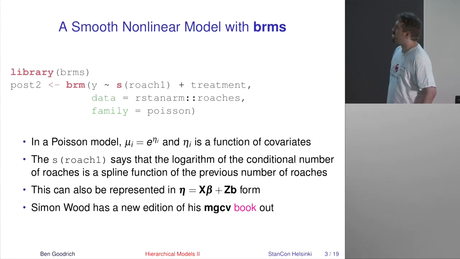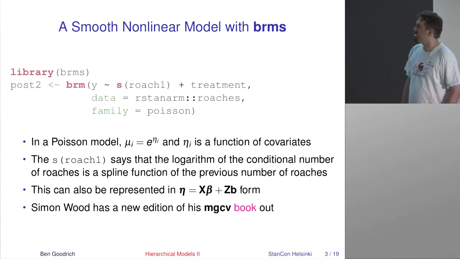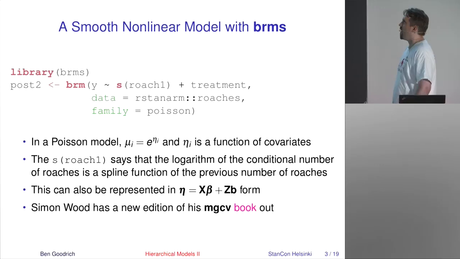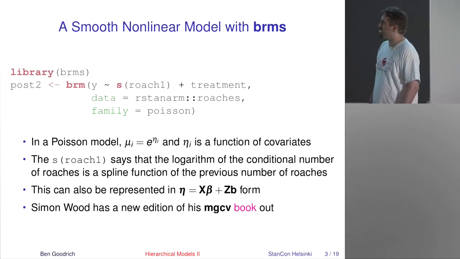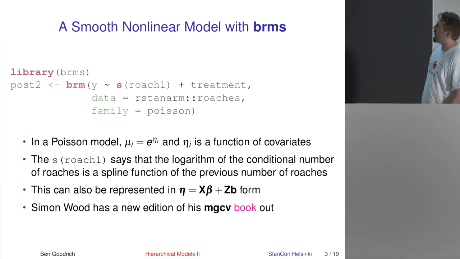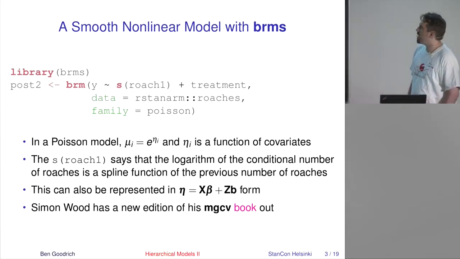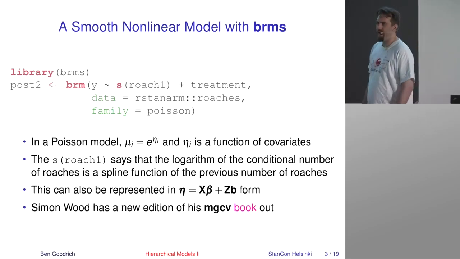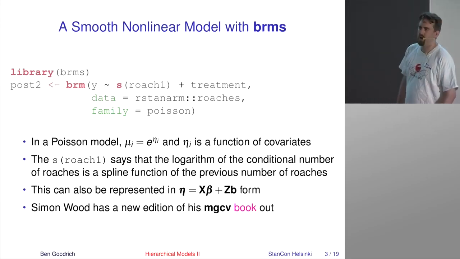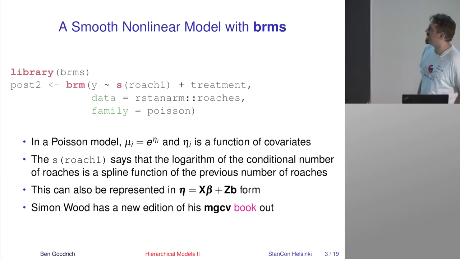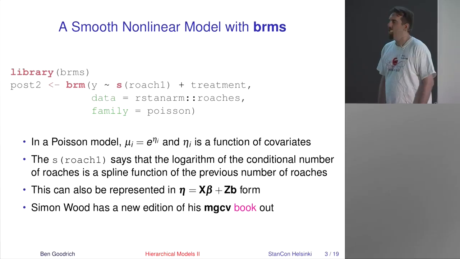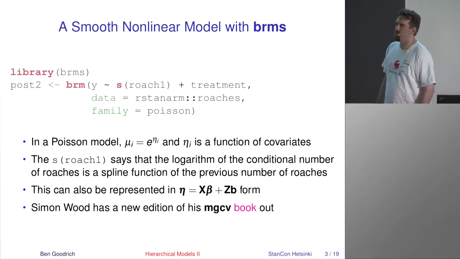So BRMS is another package that uses Stan behind the scenes. It has pretty much one estimation function, called brm, that's used to estimate all of its models. Here we have a model using the data set on roaches. It actually comes in the RStanARM package, but it's used in some of Andrew Gelman's books. Basically, it's a simple model from an experiment on the prevalence of roaches.